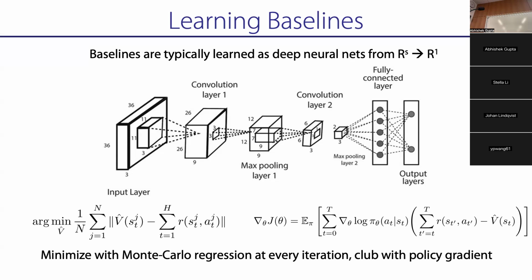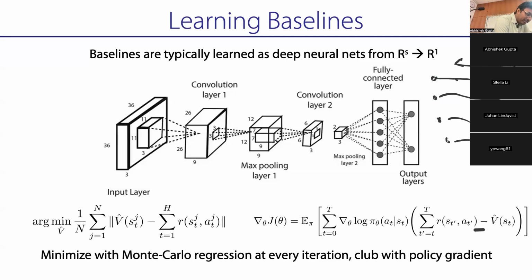Essentially, you're trying to take the sum of rewards in the trajectory and regress to the average sum of rewards. So what I'm going to do is sample a bunch of trajectories, and for each state in each trajectory, I'm going to compute the sum of rewards in the future from that state, right?